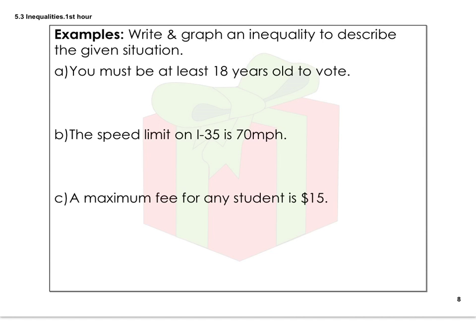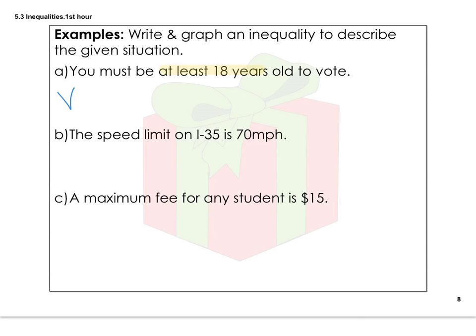So in example A, it says you must be at least 18 years old to vote. I would write down at least 18 years into your notes. Now on this one, if you look back to our words that we wrote down, at least means the greater than or equal to sign. So we're going to pick a letter.